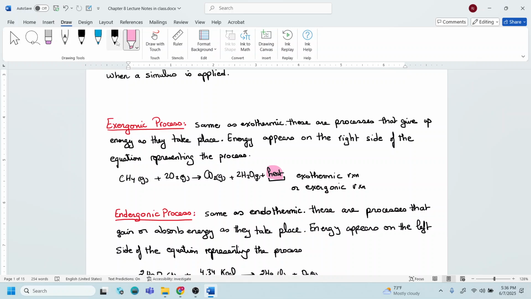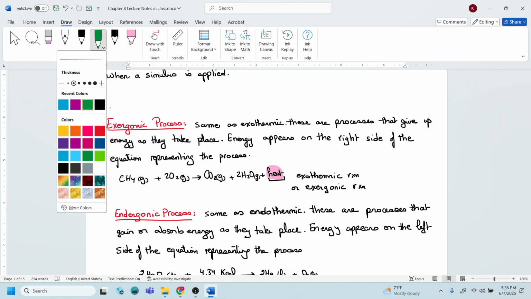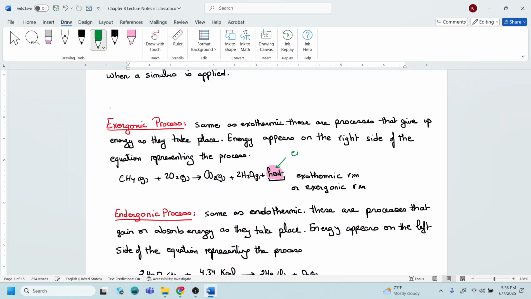Exothermic reaction means that the energy of the reaction, which last time we defined to be the enthalpy of the reaction, is how much heat the system gave off.